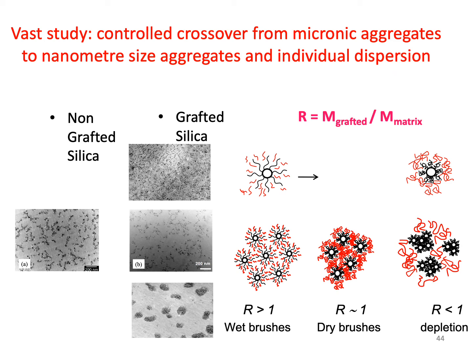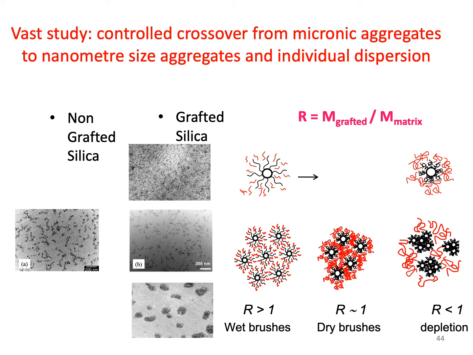As predicted by de Gennes, when this ratio is large, the small matrix chains swell the grafted brush and the nanoparticles repel each other so that the dispersion remains individual. And when R is small, then the brushes are not swollen by the matrix chains because they cannot enter.